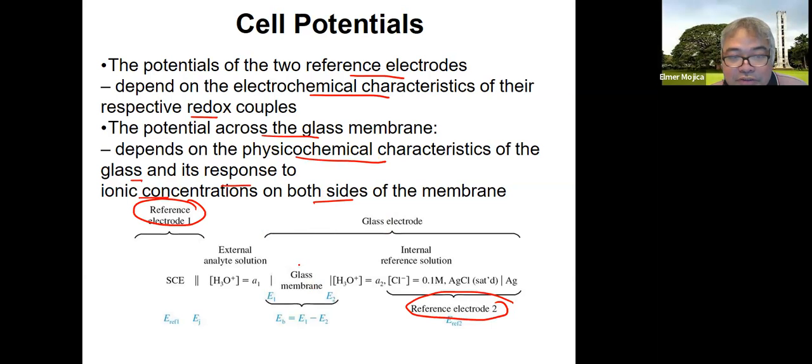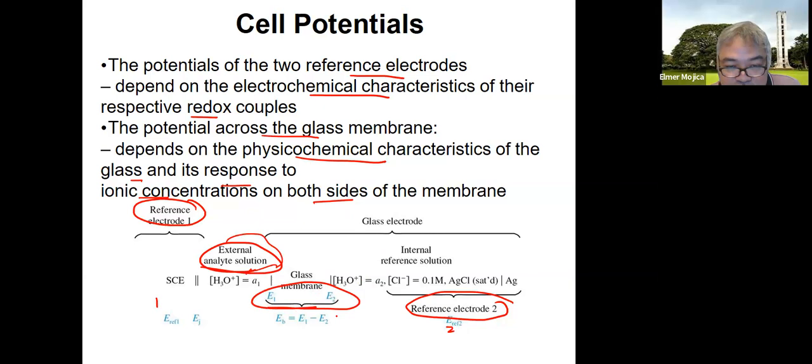So where do you find that thing here? No, not that one. I think it's something to do with this one. So you have one potential, two potential, three potential, and the fourth one is the junction potential.